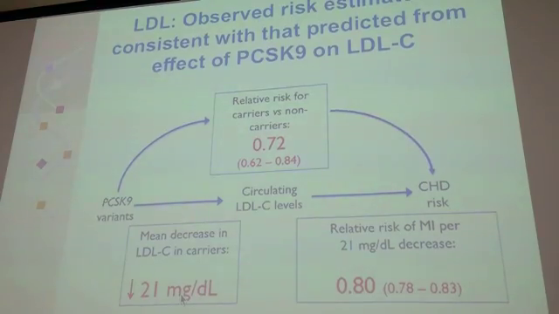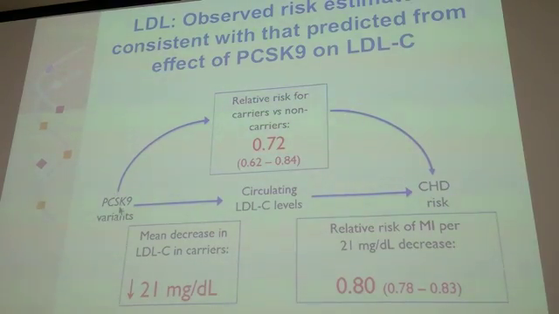We can tell from other data that this degree of LDL lowering would predict a relative risk of MI of 0.8. That means the normal risk is 1. This is 20% less. So the normal risk is 1.0. This risk is 0.8. That means that there's a 20% protection from heart disease. You got that. So lower LDL, less heart disease risk.